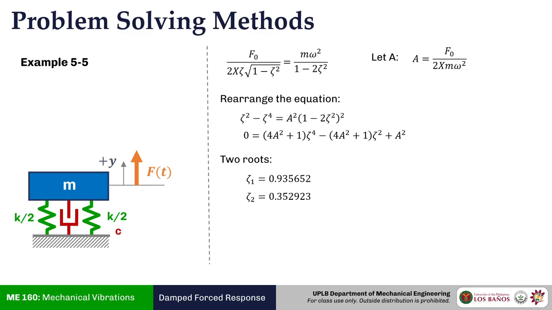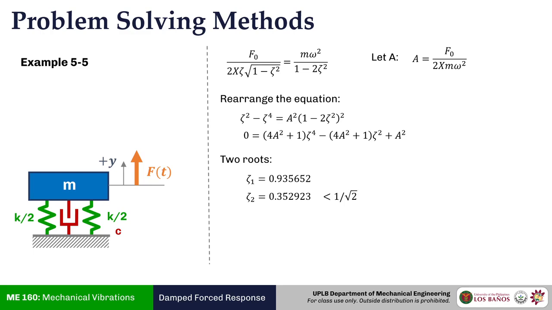And that is if your zeta is less than 1 over square root of 2 or 0.707. Which of these values is less than 0.707? Of course, it's this one, zeta 2. Zeta 1 is a valid equation, pero it will not cause any peak values or any discernible peak at all.